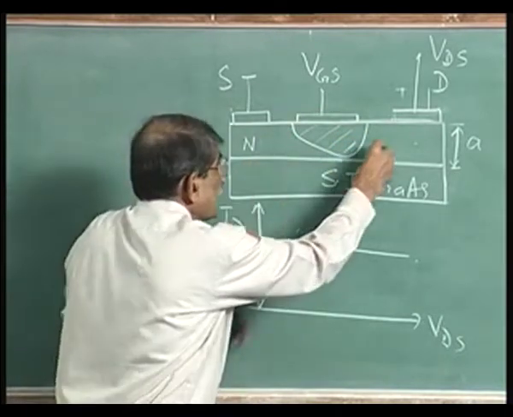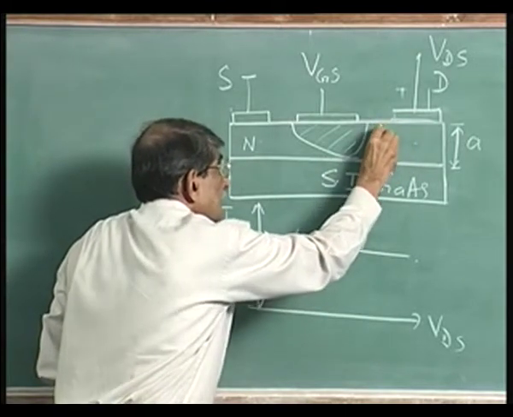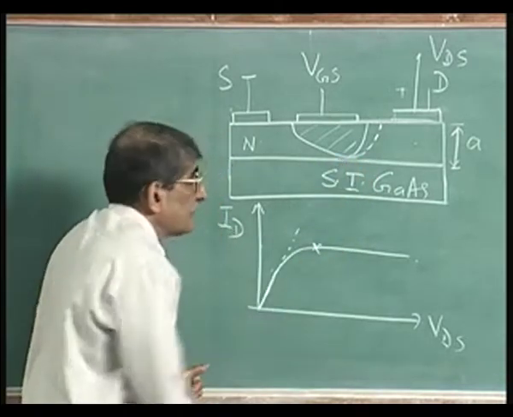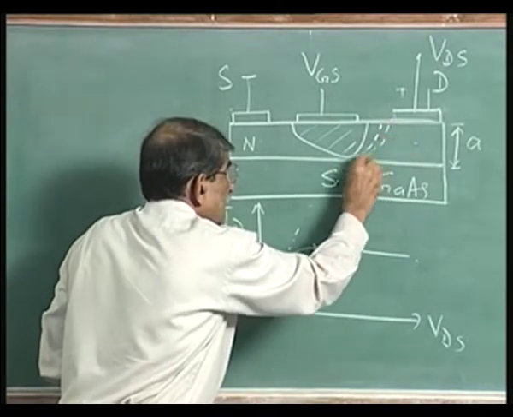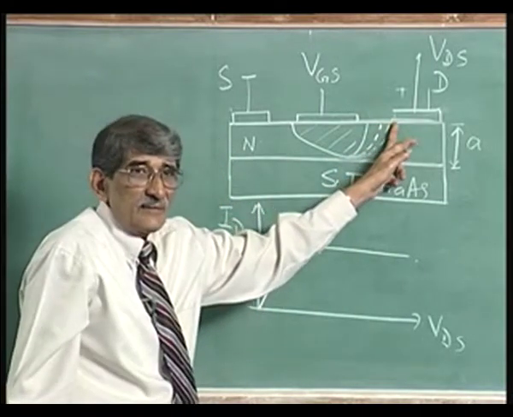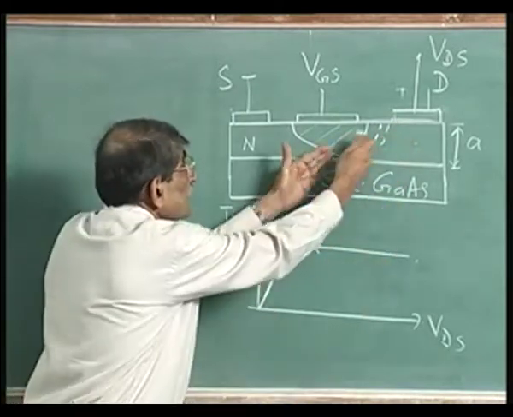So, beyond that point, if I increase the voltage, the depletion layer actually will spread like this, leaving that opening still. I do not have place to show it here, but it will be far enough, otherwise it will punch through into that. So, that is the way the depletion layer spreads.